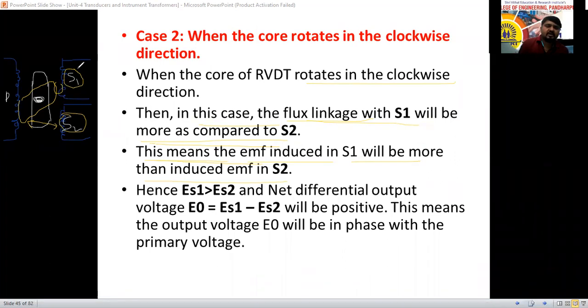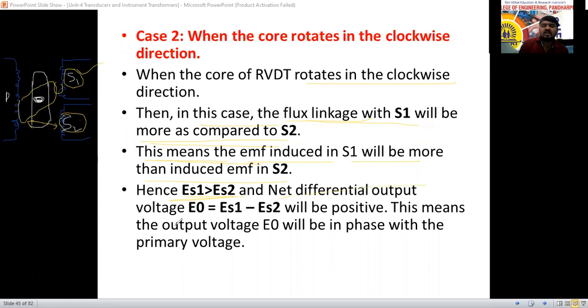S1. S1 is having more flux linkage. S2, as compared to S1, is having less flux linkage. So the EMF induced in this one is less, no? So ES1 is greater than ES2. Hence, ES1 is greater than ES2.